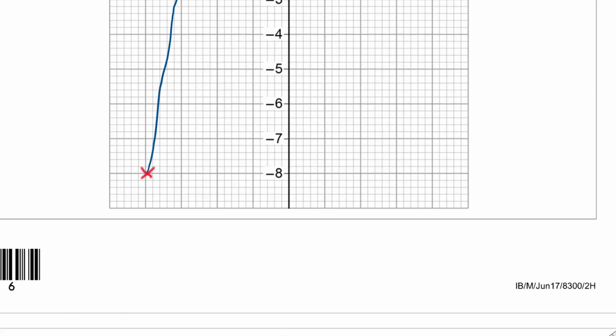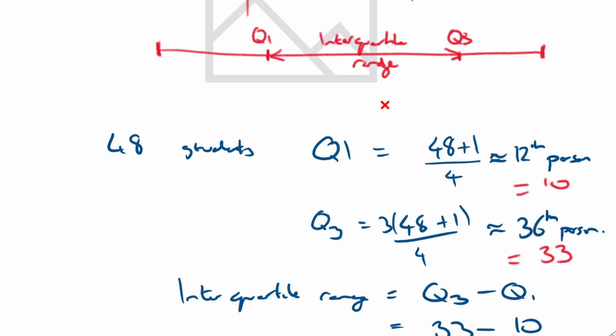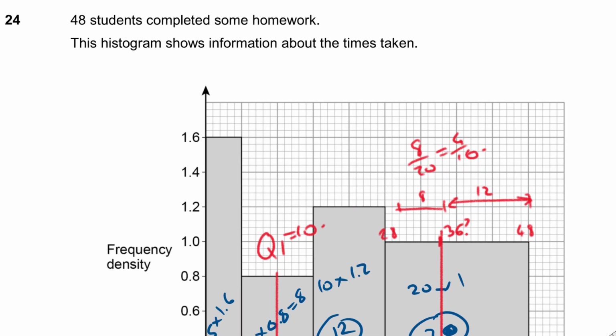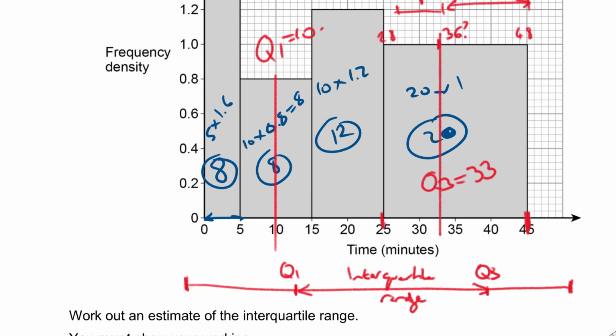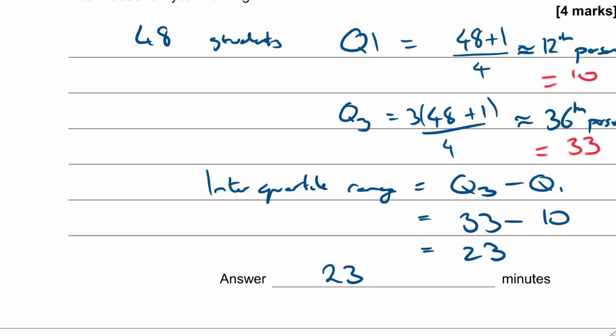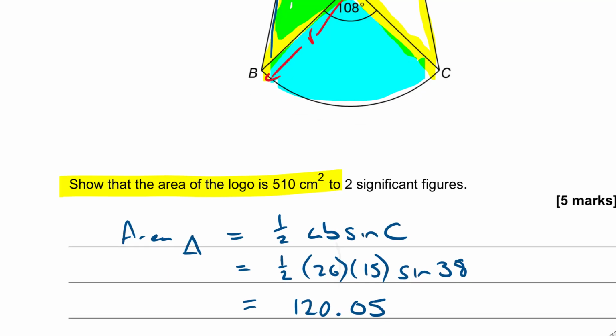The only one I thought was particularly unusual or out of the ordinary was the one with the histogram. That one I thought was a bit unusual, perhaps a bit tricky, but I thought all the rest, if you were well revised and prepped for the exam, you would have had a reasonable chance of scoring highly in.